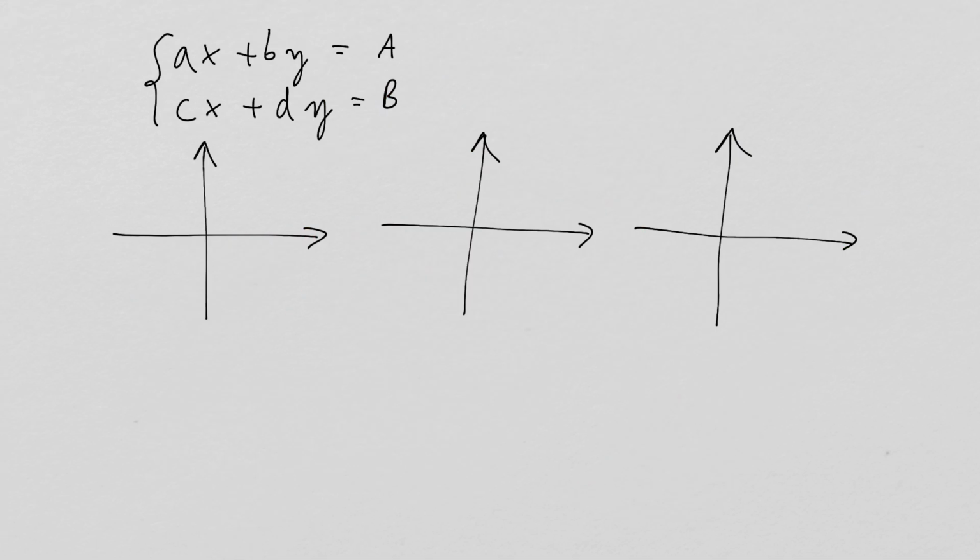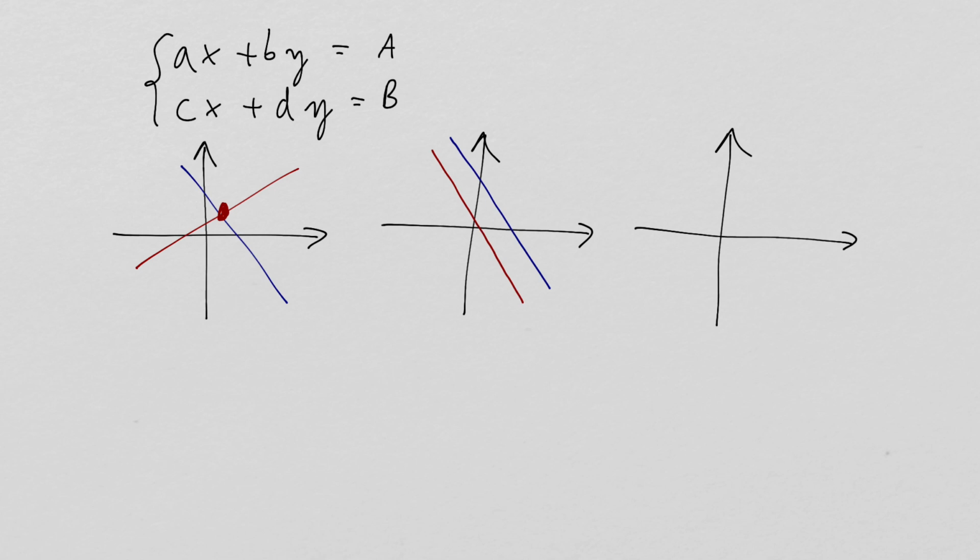So now we know that the solution of a system of two linear equations is the intersection point of two lines. So what things can happen? We can have that the lines have an intersection point. In that case, the system has exactly one solution. It can also happen that the lines are parallel.